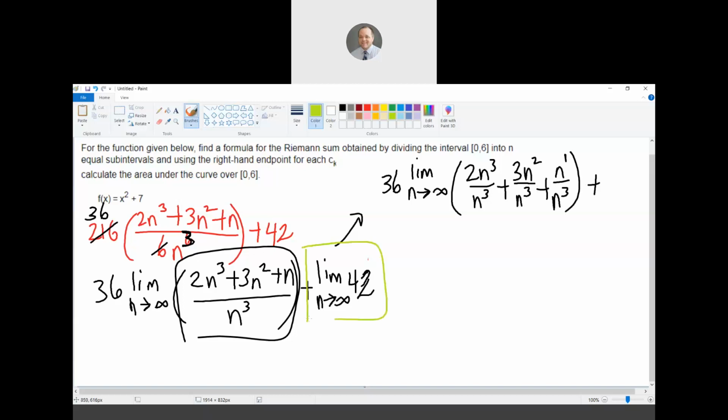This second limit is easy to calculate because when you take the limit of a constant, it's just that constant. So that's just plus 42 at the end.